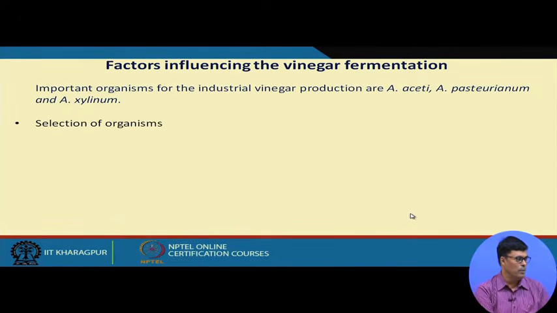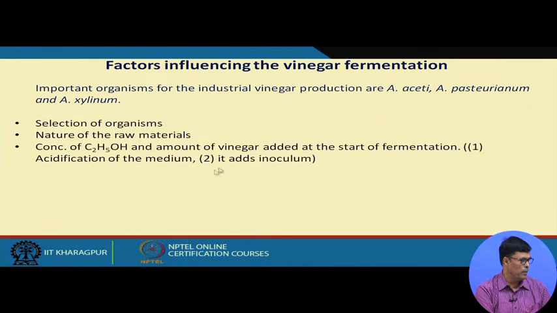Now, the question comes: what are the factors that influence the vinegar fermentation process? The important organisms used are Acetobacter aceti, Acetobacter pasteurianus, and Acetobacter xylinum. The first factor is the selection of organism and nature of the raw materials, then the concentration of ethanol and amount of vinegar added at the start of fermentation, because vinegar is used in large amounts at the initial phase.